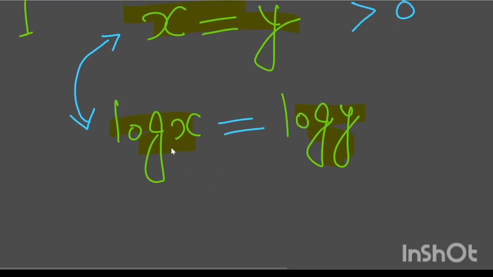Here it should be noted that the base should be the same. If I am taking base 5 here, here also it should be 5. If I am taking base 7 here, also it should be 7. So in general, the base on both sides should be the same. It should be a, where a can be any value greater than 0 but not equal to 1.